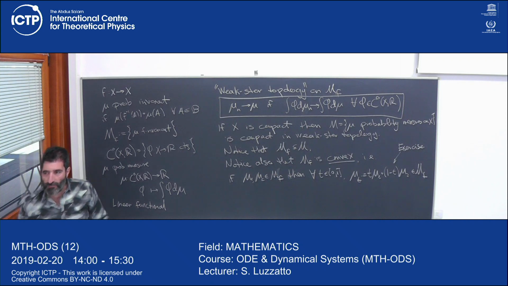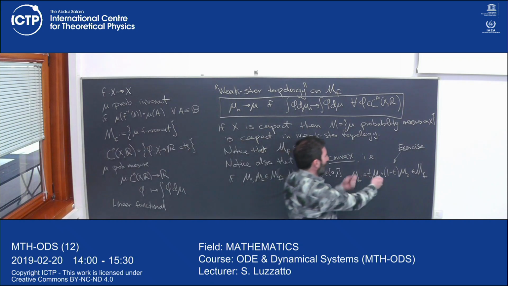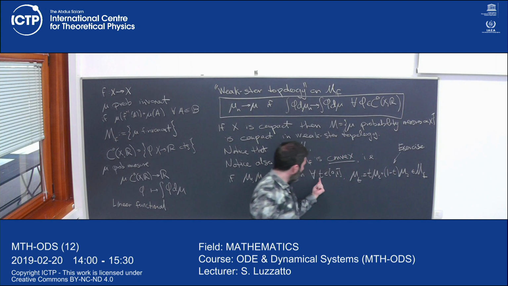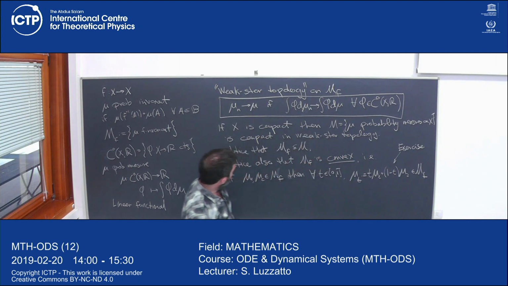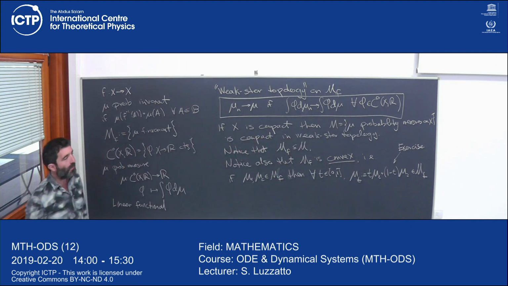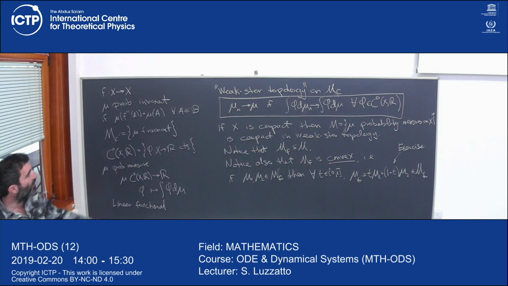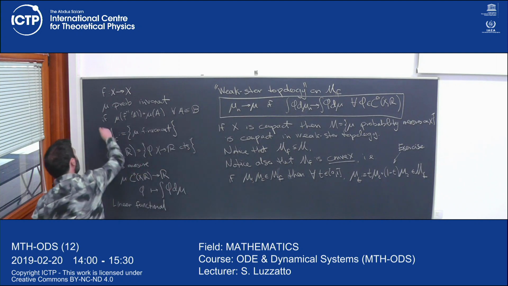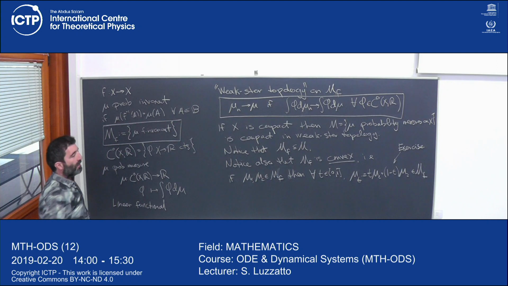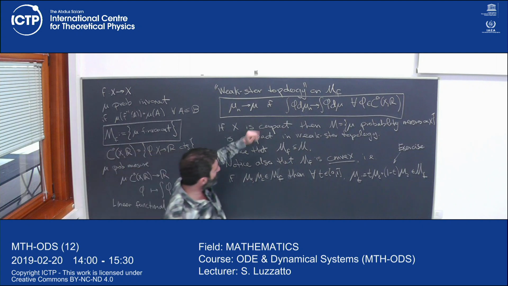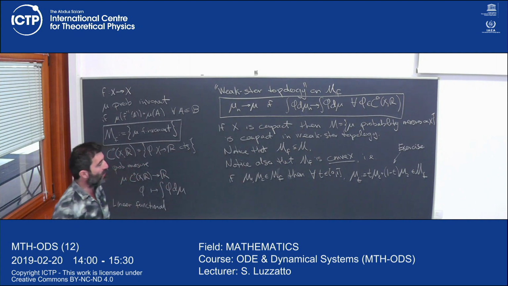This is true, of course, just for measures. If you take any linear combination of measures, it's a measure. If you take probability measures and a linear combination of this kind, it's also a probability measure. But in particular, if the two measures are invariant, then this linear combination is also invariant. So the first observation that I've not stated in the theorem is that if X is compact, then the space of measures is compact, and the space of invariant measures, which is the set we'll be working on, is convex.